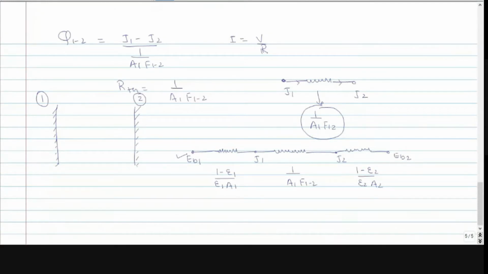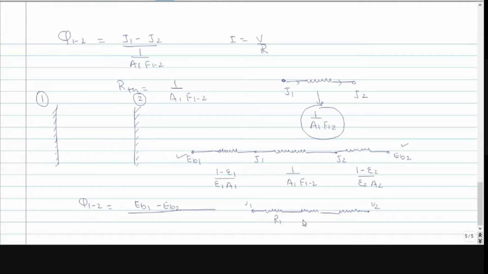So let us consider the whole. The potential difference becomes EB1 minus EB2. So I write that Q12 equals EB1 minus EB2 divided by the resistance, and all the resistances are in series. So if you have an electric network, this is the first resistance, then the second resistance, and then the third resistance, and the voltage difference is V1 to V2.